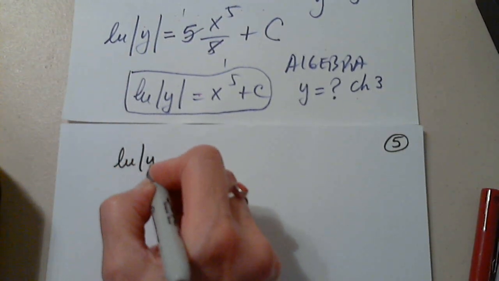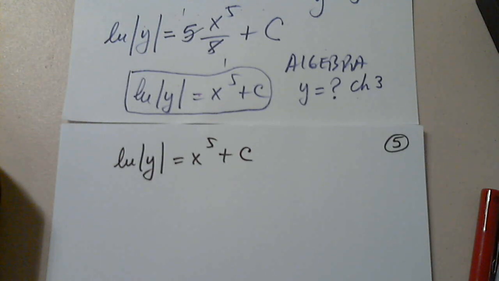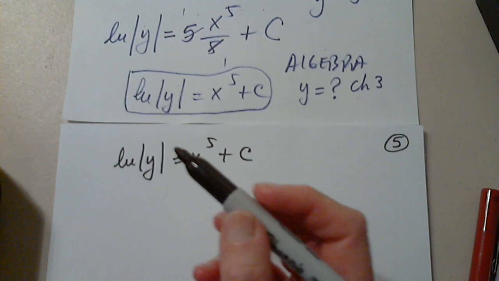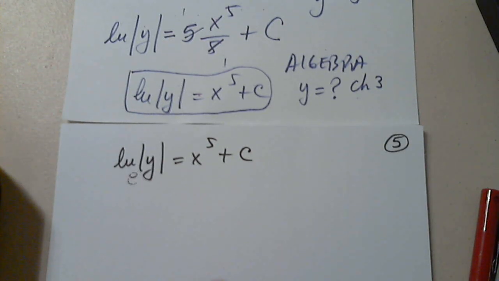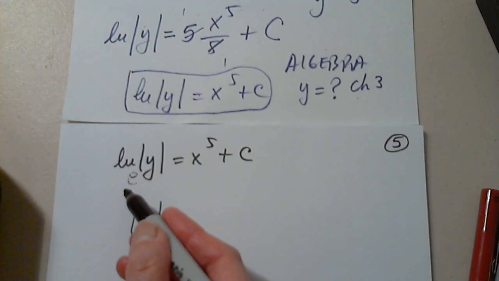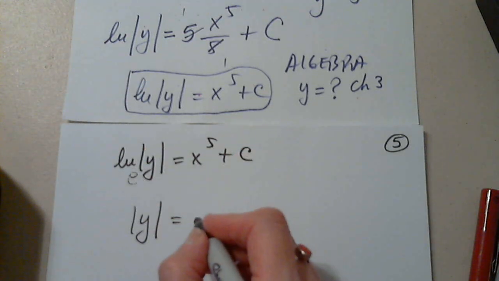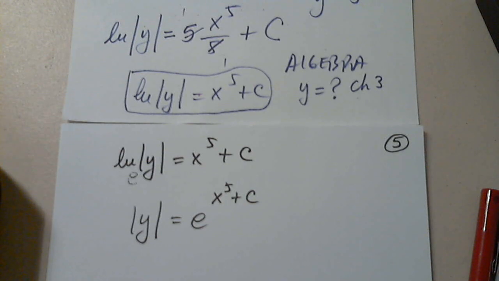So, natural log of the absolute value of y equals x to the 5th plus a constant c. I need to solve for y. So, remember the base here is e. So then the absolute value of y will be e to this power, e to x to the 5th plus a constant c.